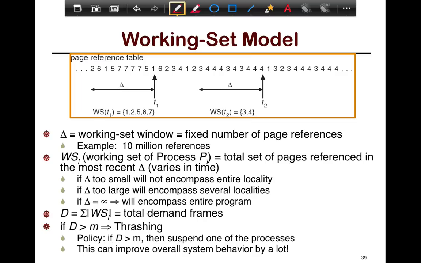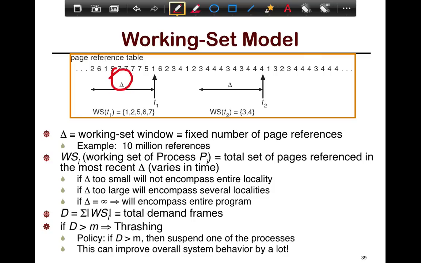Our goal is to estimate how much memory a given process needs. In this case, the working set window is a fixed number of page references, for example 10 million references. The working set is the set of pages referenced in the most recent time window, so it depends entirely on how you define the time window.